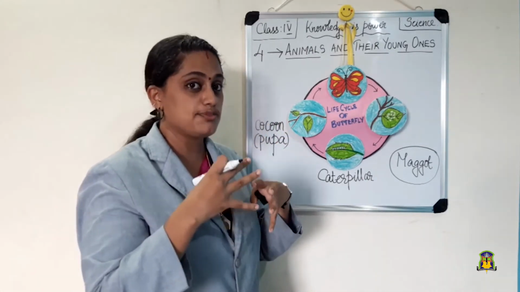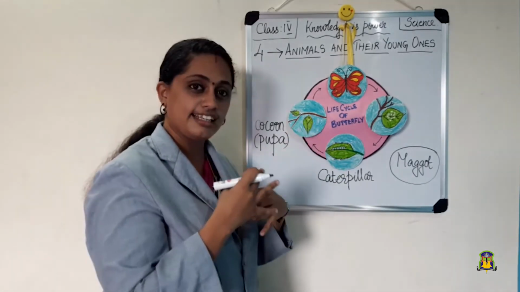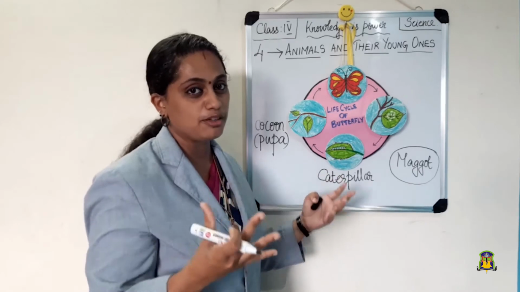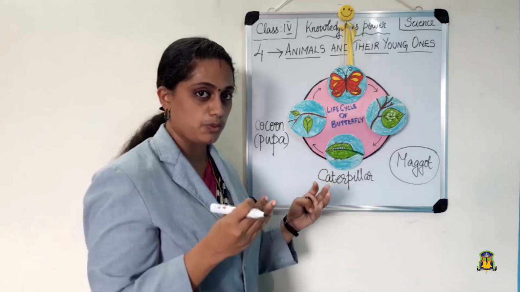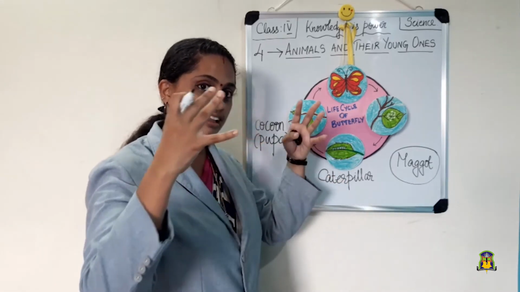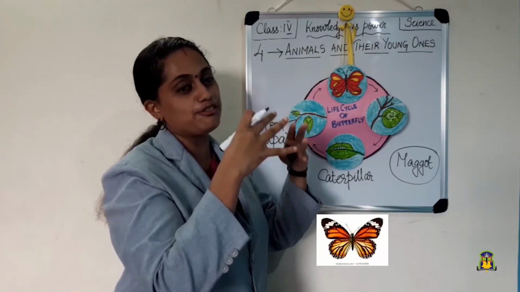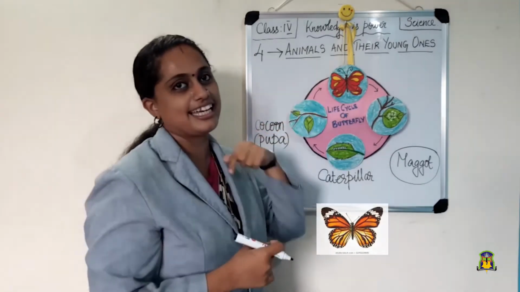It is transforming into an adult butterfly. It is getting ready to become a beautiful butterfly. When it is ready, it will burst out and our beautiful butterfly will come out.